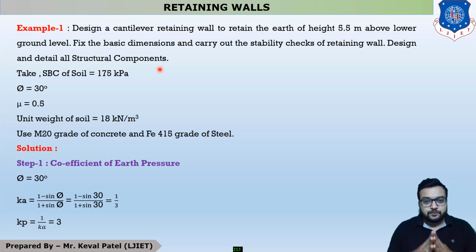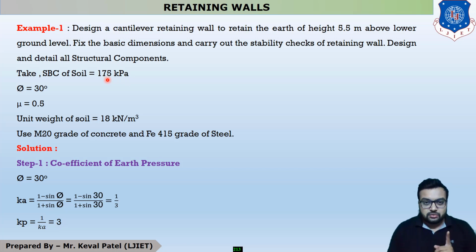Okay. So next is: take SBC of soil as 175 kilopascal. So you all know that we have to convert Pascal into Newton per meter square. So 1 Pascal is equal to 1 Newton per meter square.